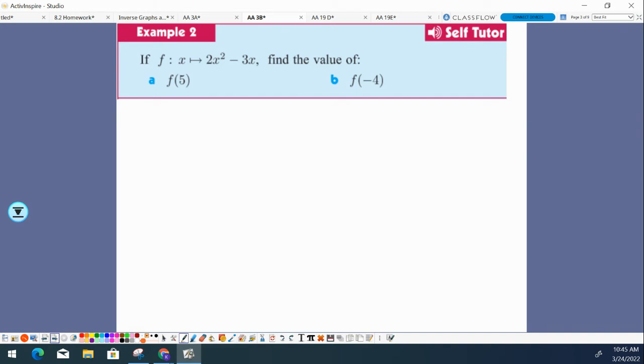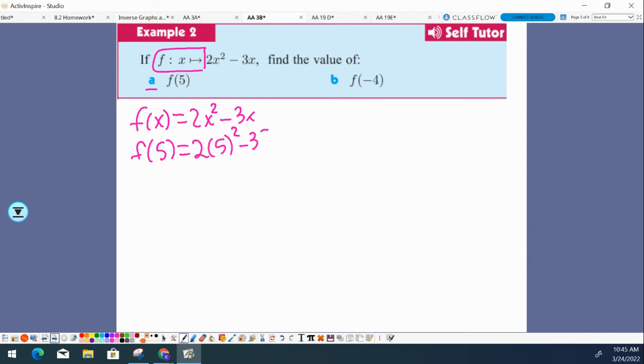So for example, when you see all of this, you really can just write f of x equals 2x squared minus 3x. For letter A, if we just want f of 5, you're just replacing each x with a 5. And I would always put it in parentheses.